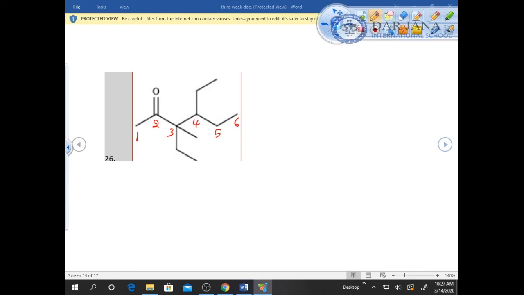So on carbon number 3 there are methyl and ethyl groups. On carbon number 4 there is an ethyl group. So the name of this molecule is 3,4-diethyl 3-methyl 2-hexanone.